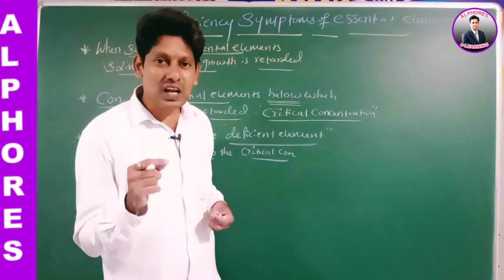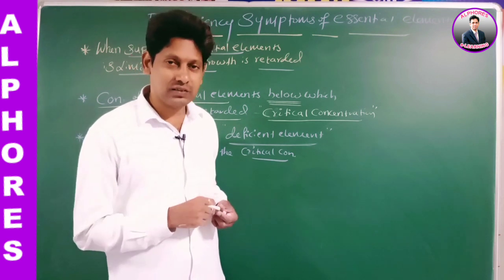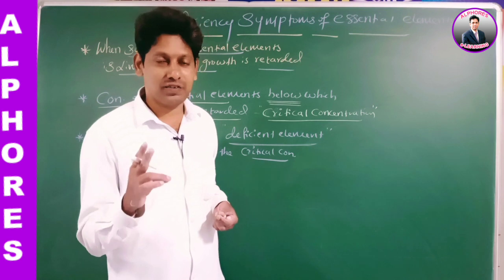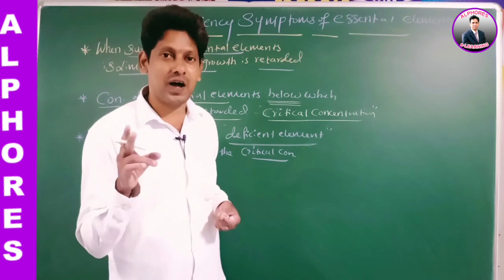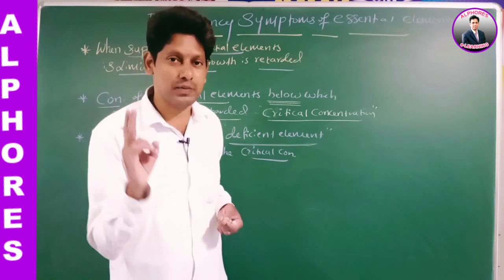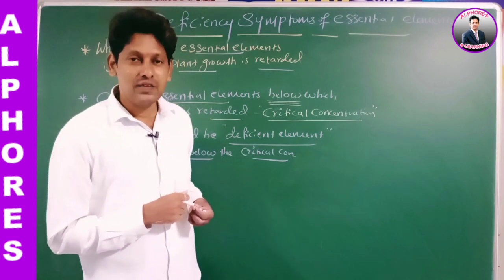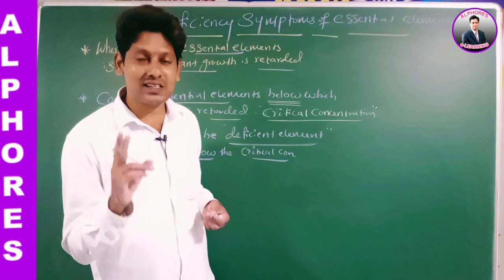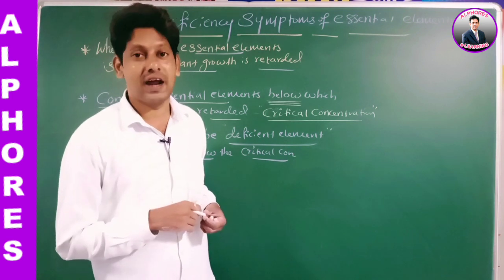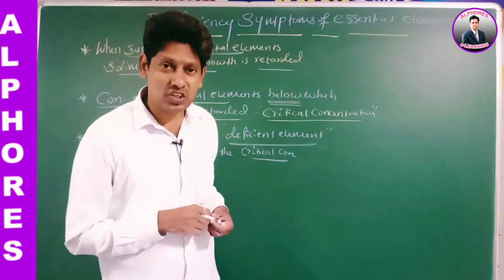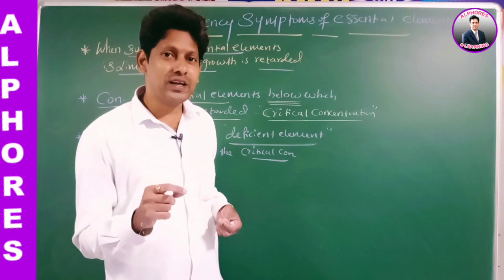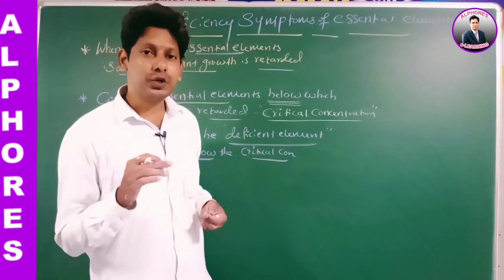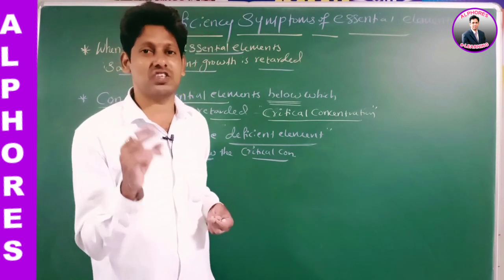If an essential element becomes deficient, automatically the activity performed by that element will be affected. Then the plant shows some morphological changes due to deficiency of an essential element.